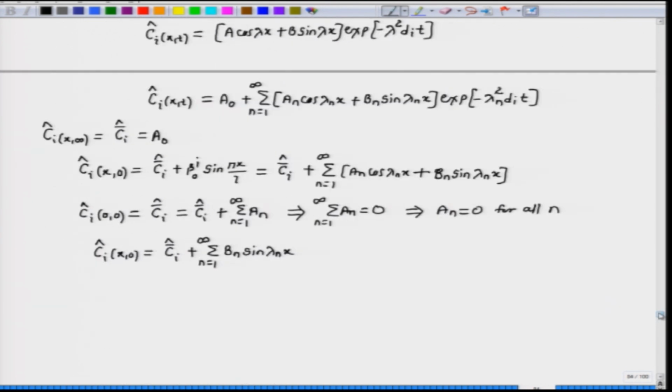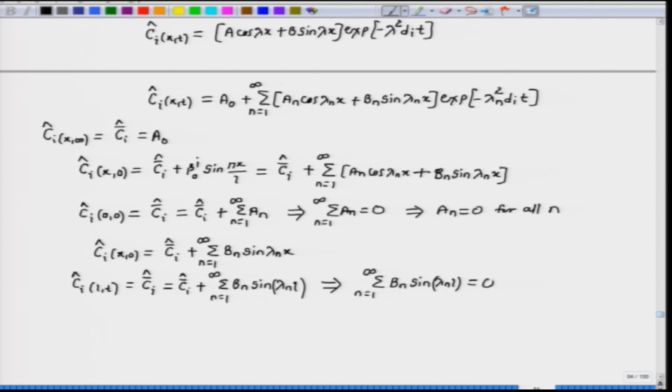Now, I use the second boundary condition, that is at x equal to L, that is ψ̂ at L and t should be equal to ψ̄̂, and if I substitute in this, I get ψ̄̂ plus the summation n equal to 1 to infinity of bn sin of λn times L. Again, this means the summation of bn sin λn L equal to 0.